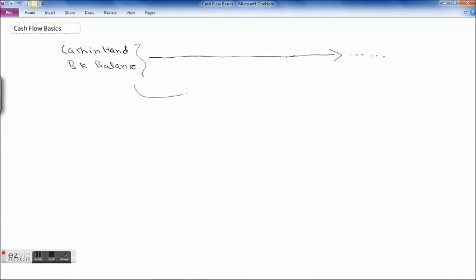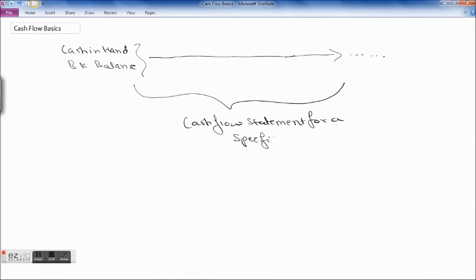So the cash flow statement is prepared for a specific period. It may be prepared for a quarter, or for a particular year, or six months, or as a monthly cash flow.